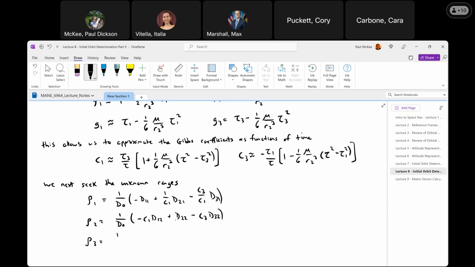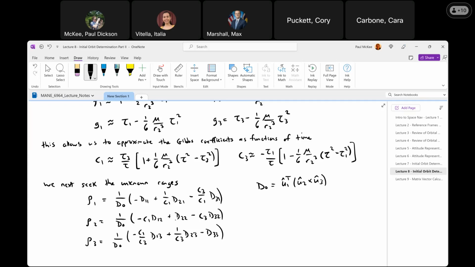And row 3 is 1 over d naught times negative c1 over c3 d13 plus 1 over c3 d23 minus d33. Okay, great. What the heck do I mean by that? So d naught is equal to u1 transpose u2 cross u3.